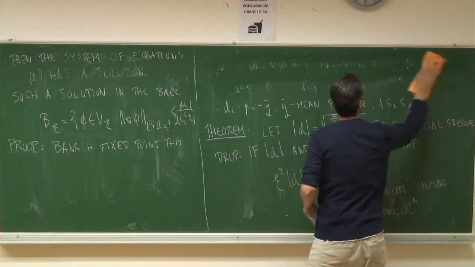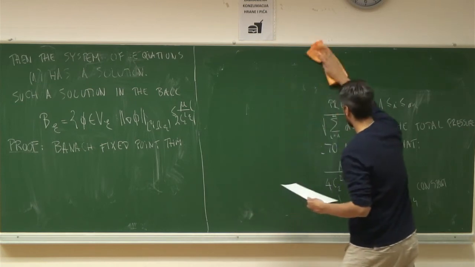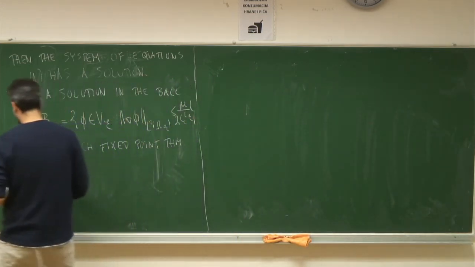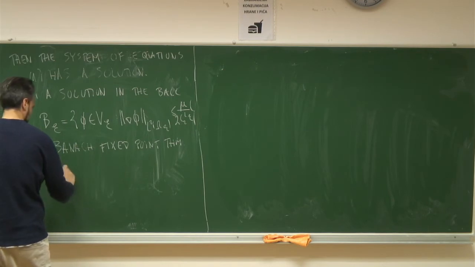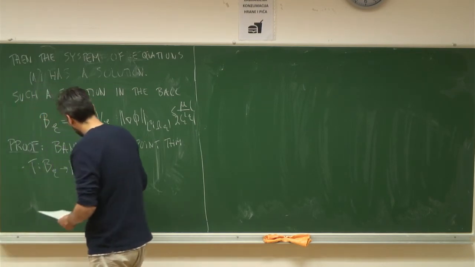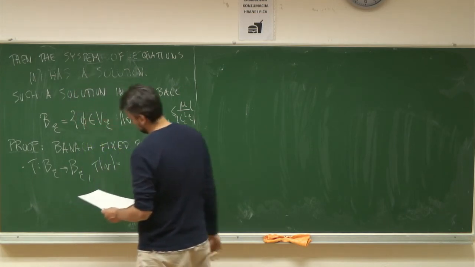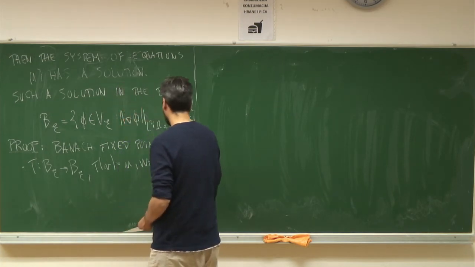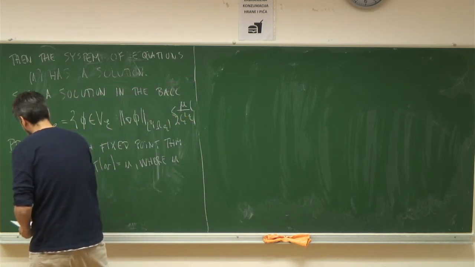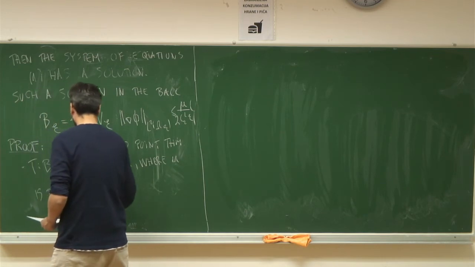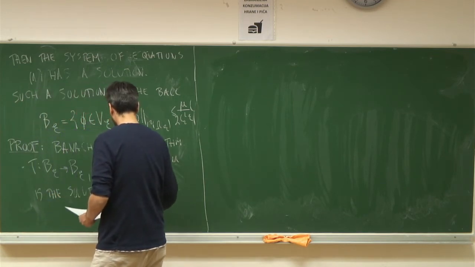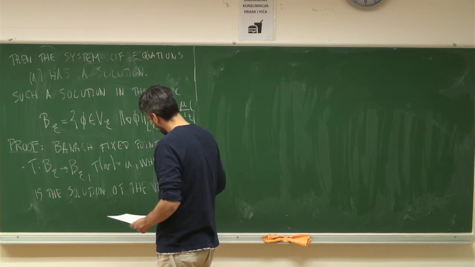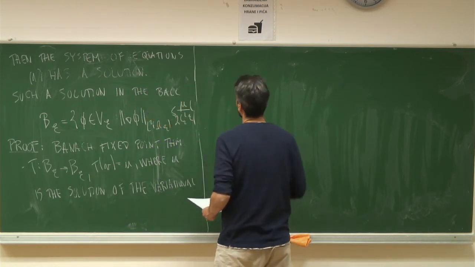So you define the following: define some T from B epsilon to B epsilon as T of v is u, where this u is the solution of the variational problem.